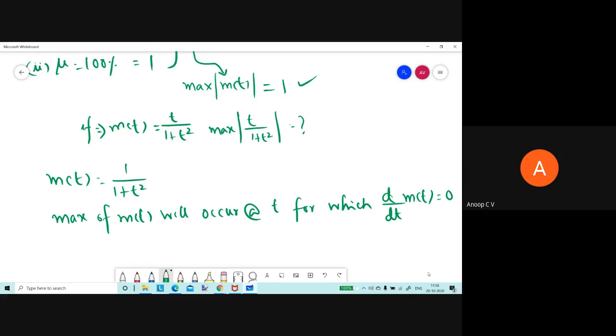This maximum of m of t will occur at some t for which d by dt of m of t is equal to 0.